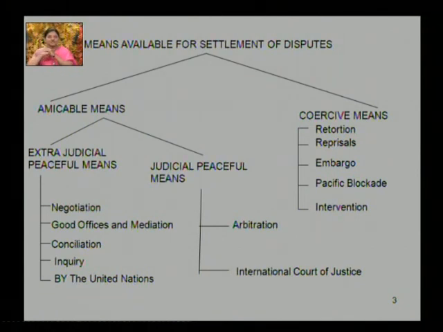But if you go through the amicable means, then the Charter of the United Nations is with you. Various declarations and various conventions are available for this amicable settlement of dispute, which is known as peaceful settlement of dispute.